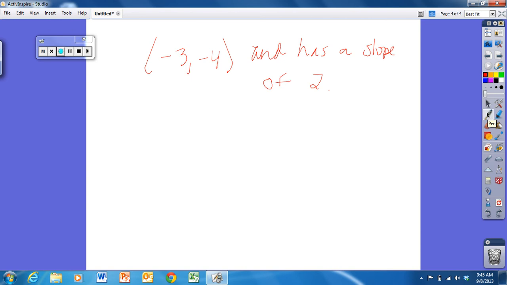So point-slope form says y minus y1, so minus -4, equals m, which is the slope, times x minus x1. Now, minus, minus, minus, minus, these all become pluses.